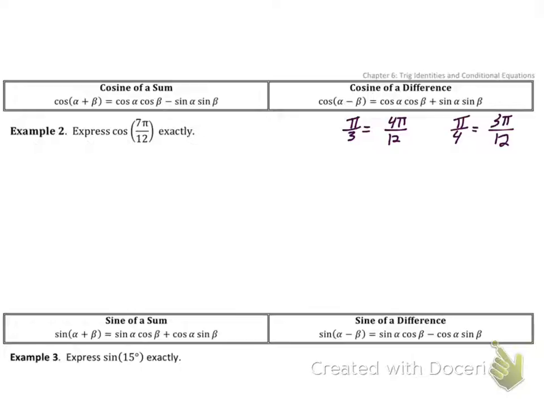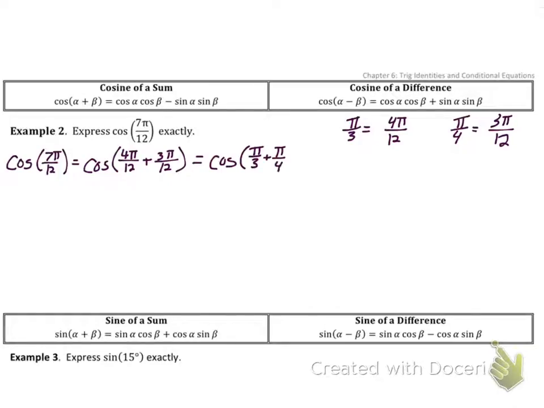Alright, so that cosine of 7 pi over 12 is just going to equal cosine of 4 pi over 12 plus 3 pi over 12, which is the exact same thing as cosine of pi over 3 plus pi over 4.